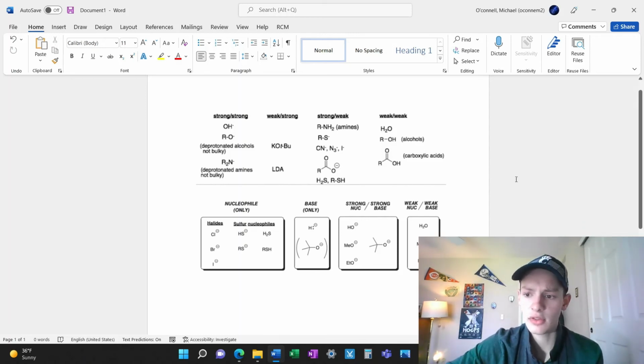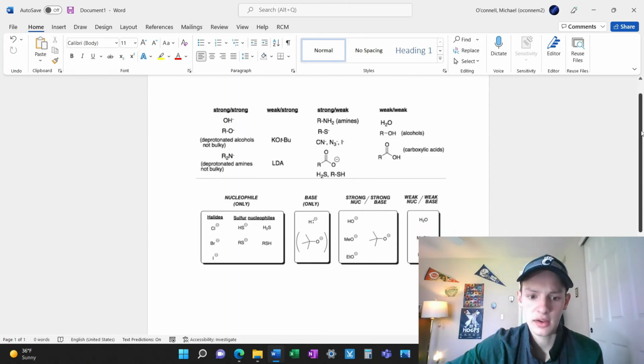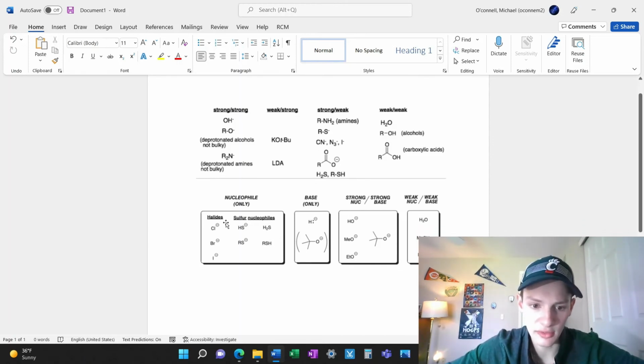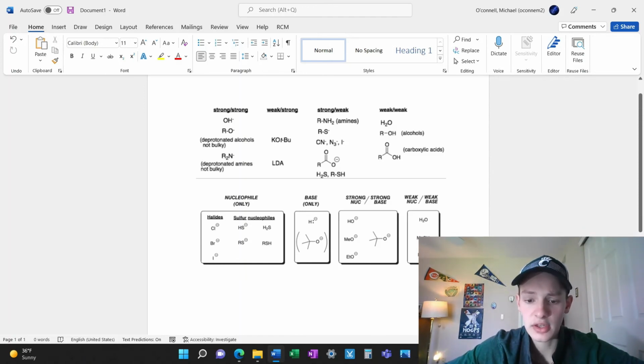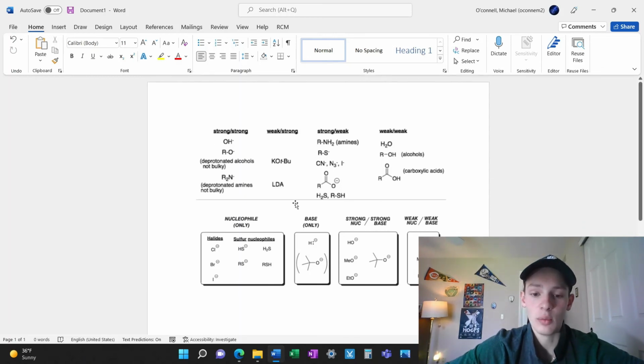Now, the last thing I want to talk about here is the bottom, which groups everything together for us, which I think is really nice. Nothing really jumped out at me too much except for one thing, and that's this H minus anion. It's not something you see very often, but I did see it in one of the problems I was working on the other day, and it kind of threw me for a loop.